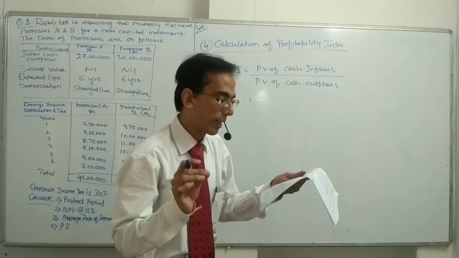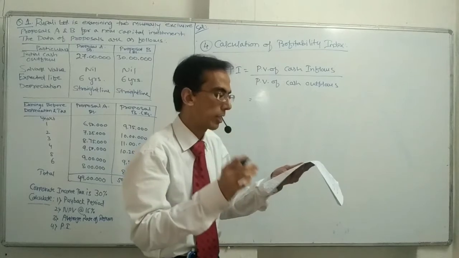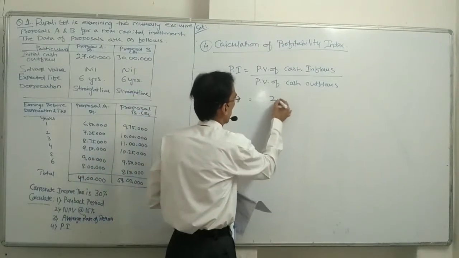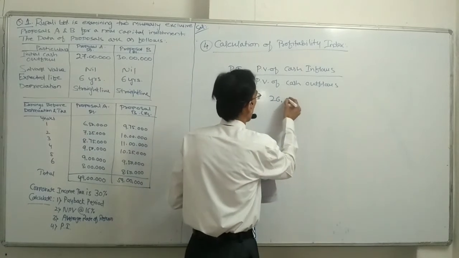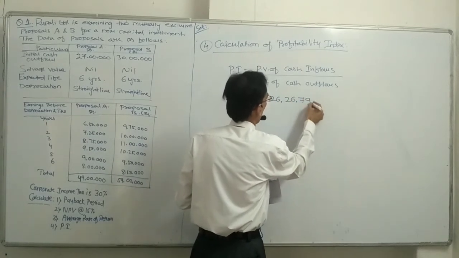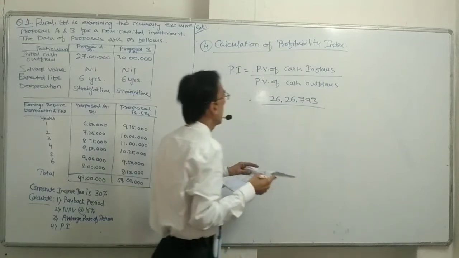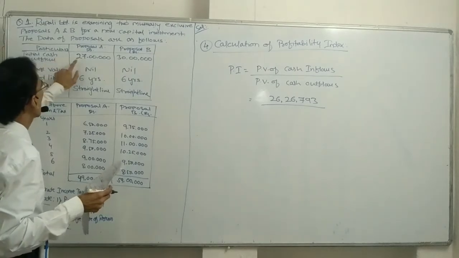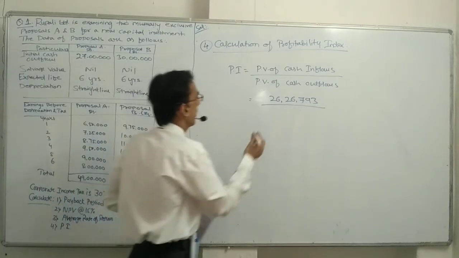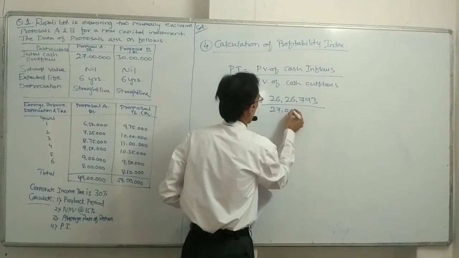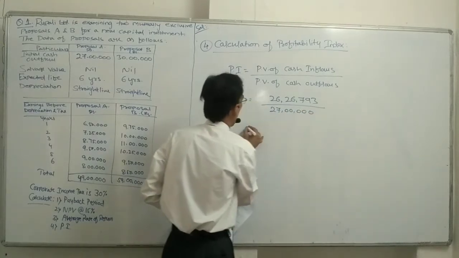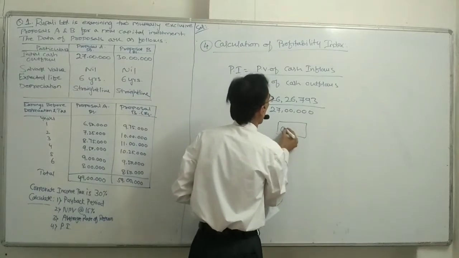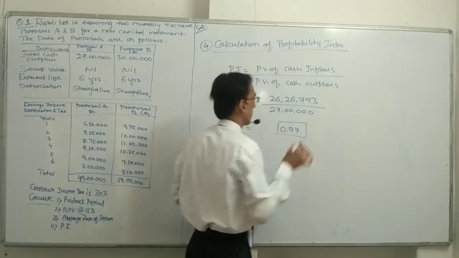The column of net present value, that is present value of cash inflows, that is 4th column, 26 lakh 793 divided by present value of cash outflows. It means our initial cash outflow of proposal A, that is 27 lakh. If we divide it, the answer is 0.97.